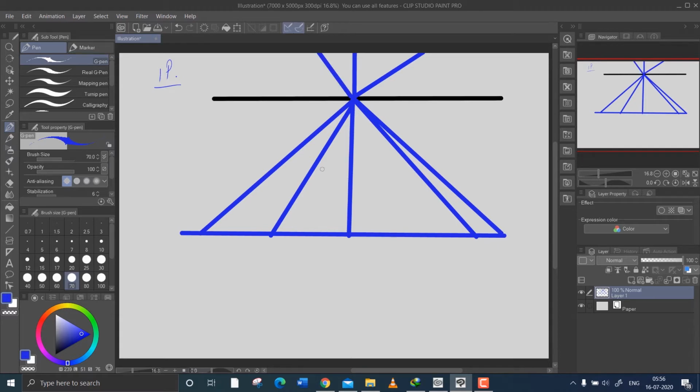And all the horizontal lines, they stay parallel to the horizon line. So this is our grid in 1-point perspective.